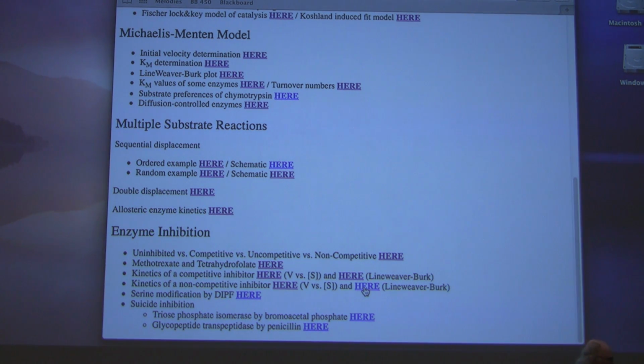Because that fixed amount of inhibition is always reducing the amount of enzyme by the same amount. Well, what I hope I pounded into your heads was that Vmax is not a constant. It's a function of the amount of enzyme that you use.